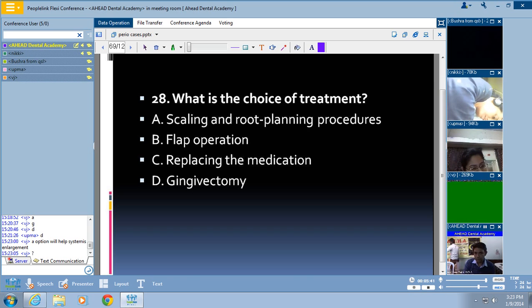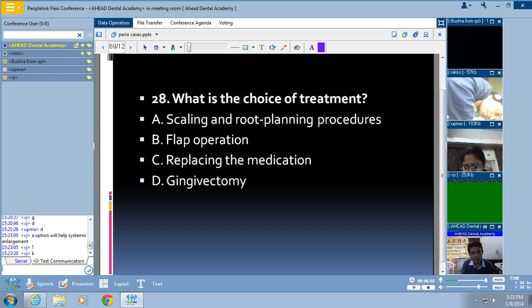When we're talking about drug-induced enlargement, replacing the medication will also have an effect. Secondly, doing the gingivectomy will help us restore the tissue back to its normal health. But the treatment of choice for this case would be replacing the medication, because that's a much better option.